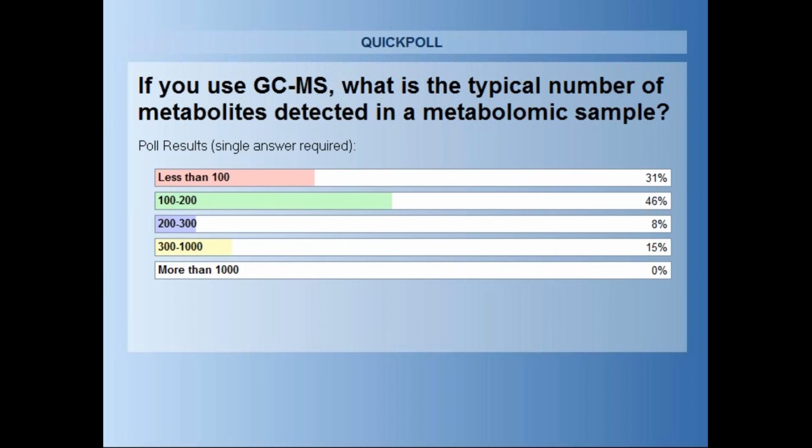If you add deconvolution, you can boost that quite a bit depending upon your sensitivity. You start getting a lot more noise as you push the sensitivity of the deconvolution, but I think those are very reasonable numbers. So 100 to 200 in the chromatography domain, plus deconvolution can probably double that.